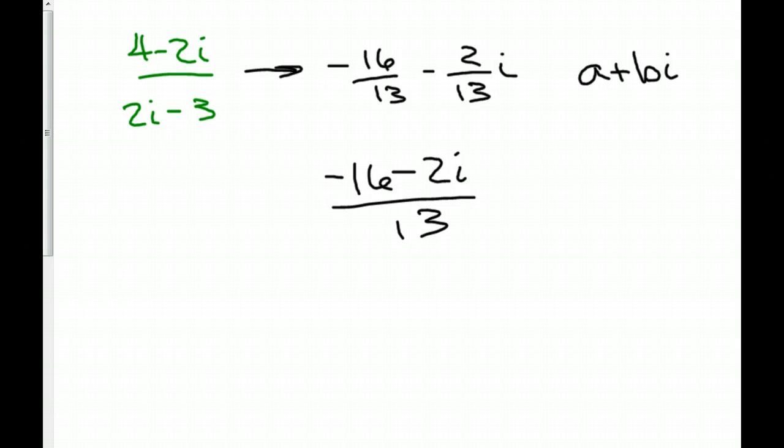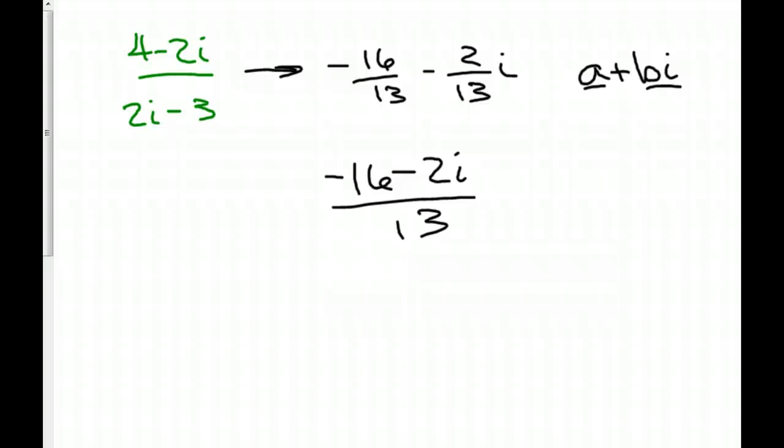In order to put it in this form, a plus bi, you have to pull the numbers only out and have your term with the imaginary or complex number as your second term. I had it over one, and I was really confused. I left the 3 in there, so it was negative 4 plus 3.